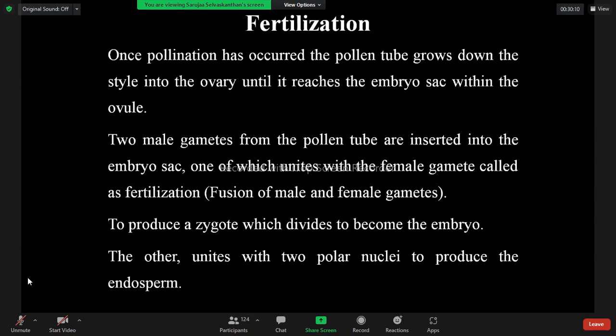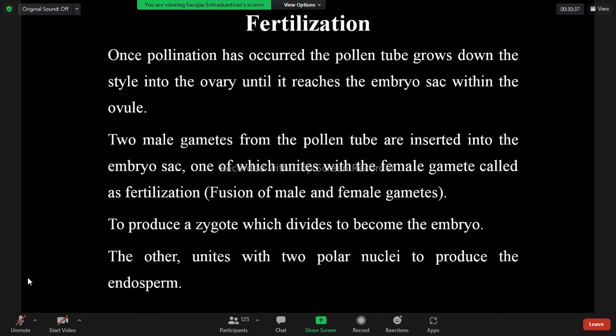In the ovary, ovules are there, so the pollen tube reaches the embryo sac of the ovule. Two male gametes are inserted into the embryo sac. One unites with the female gamete. That is called fertilization.